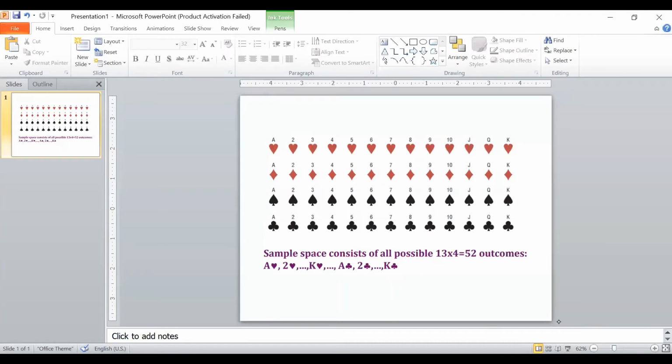So I think you all are familiar with this card pack, right? If you don't know, there are 4 suits actually.